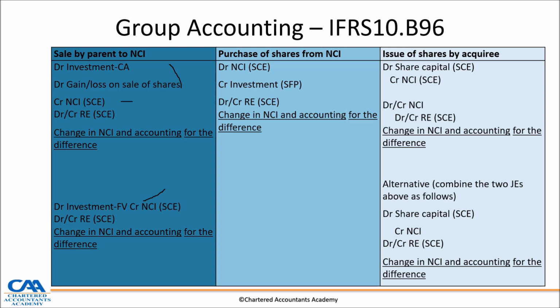The issue of shares by acquiree is very delicate. There are two ways in which to look at it. First of all, you need to increase NCI, especially if NCI is the one that bought all the shares. Credit non-controlling interest, debit share capital, which means you're eliminating the share capital of the acquiree and increasing NCI.